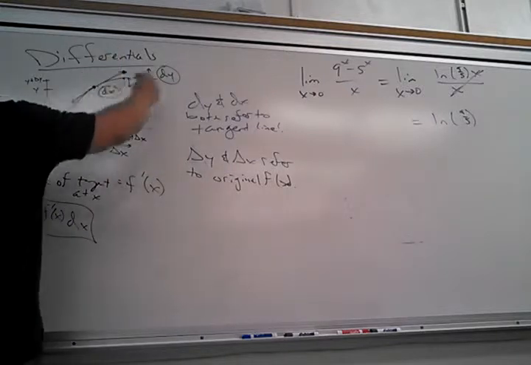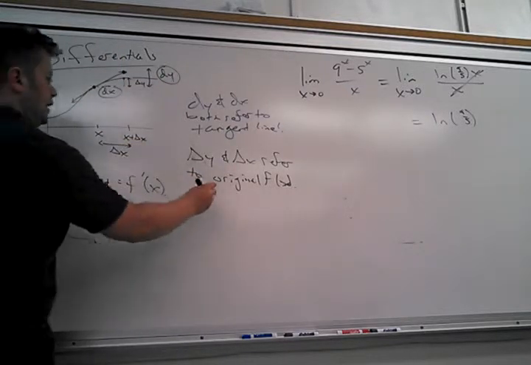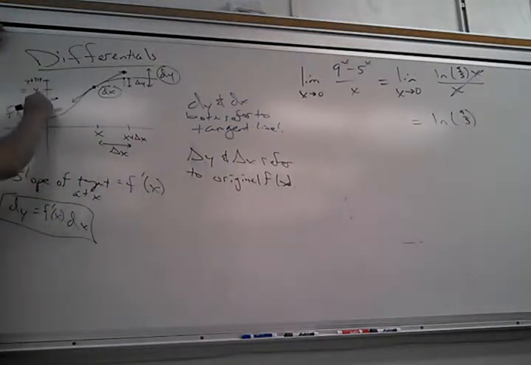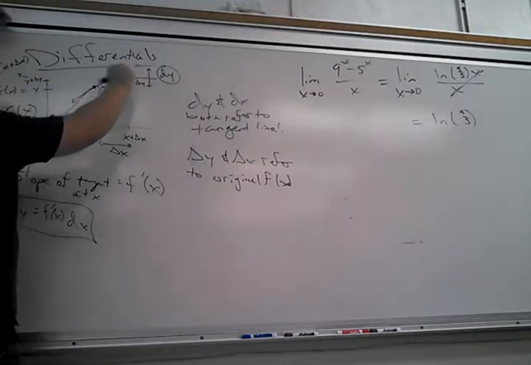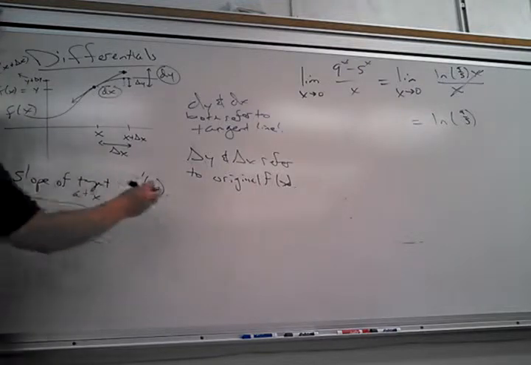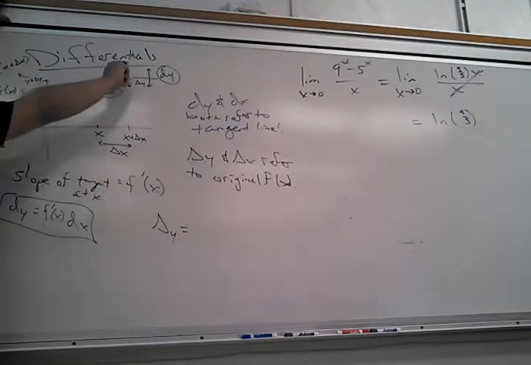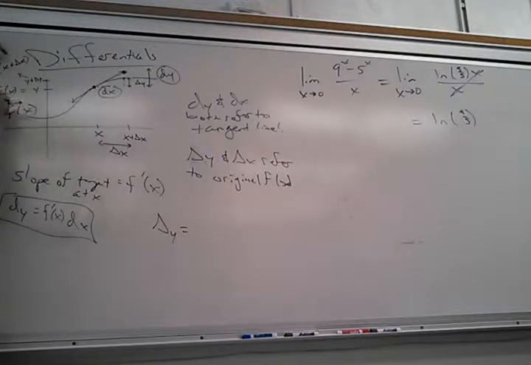If I want to look at it in terms of delta y and delta x, let me do this better. I should call that f of x, and I should call that f of x plus delta x, right? Is that cool? So what's delta y in terms of those two? Delta y is the what of these two?